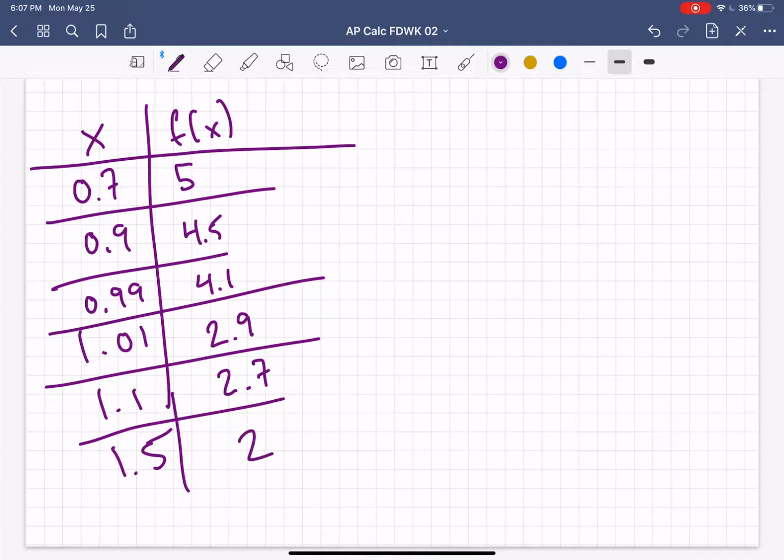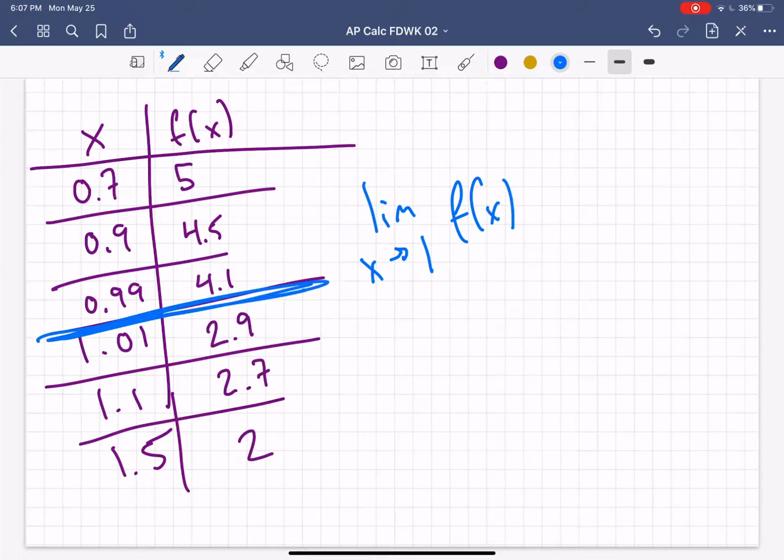If we were trying to find the limit as x approaches 1 of f of x, we're trying to figure out what happens in between those two values, because that's where our x is at. And here we can see another gap, right? It goes from 4.1 to 2.9. That's a gap. There's not a good answer here to what our function would be at 1. So our limit of the function does not exist because there is that big gap between numbers that are really close to each other.